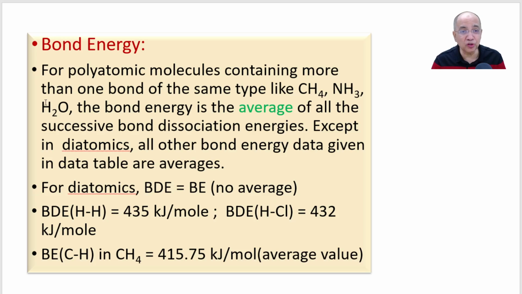As I have already told you, bond energy is usually the average of so many successive bond dissociation energies, BDE1, BDE2, BDE3, of identical type. Ethane means all the 6 CH bonds of ethane. Methane means all the 4 CH bonds of methane.